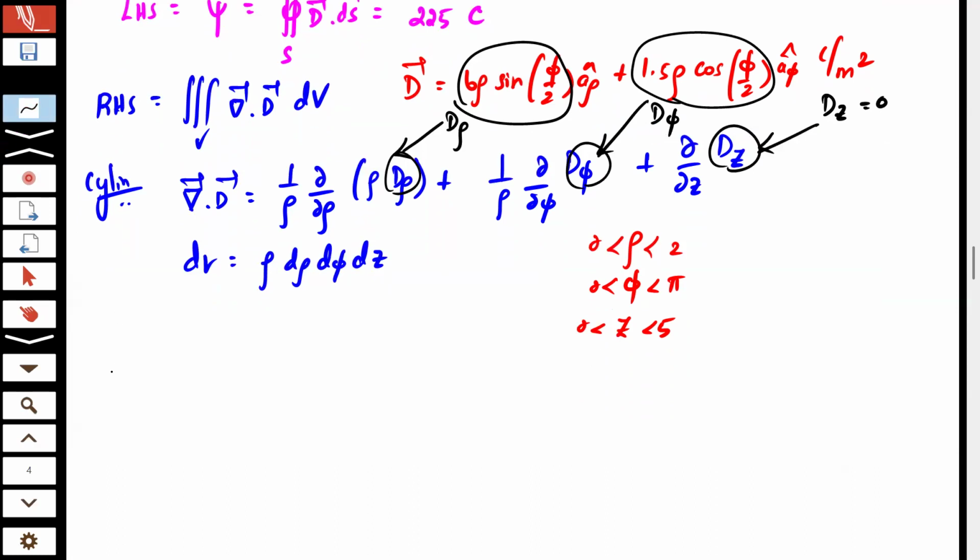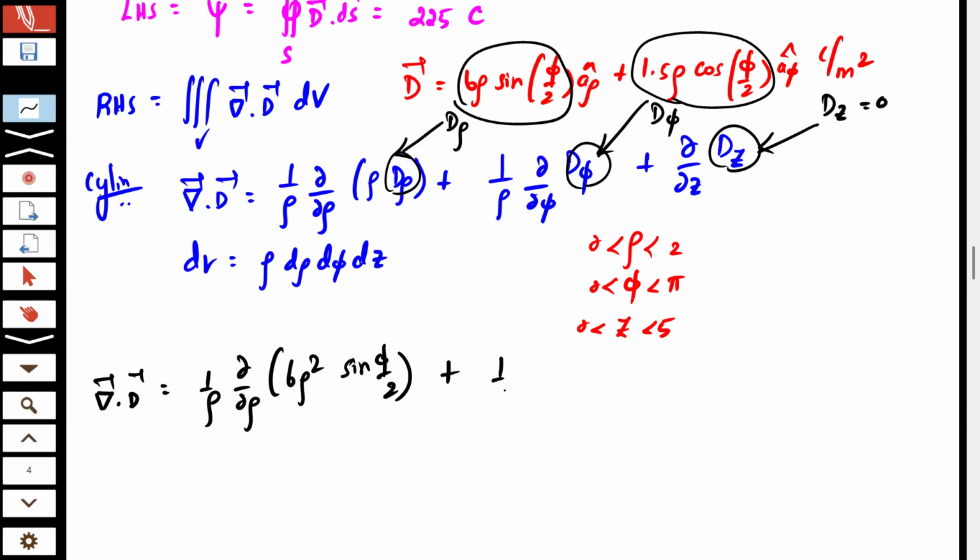Now del dot D should be found. Del dot D is 1 by rho ∂/∂rho of rho multiplied with this Dρ. So rho multiplied with 6 rho sin(phi/2), I will be getting 6 rho square sin(phi/2). Then 1 by rho ∂/∂phi of 1.5 rho cos(phi/2). Then ∂/∂z of 0.